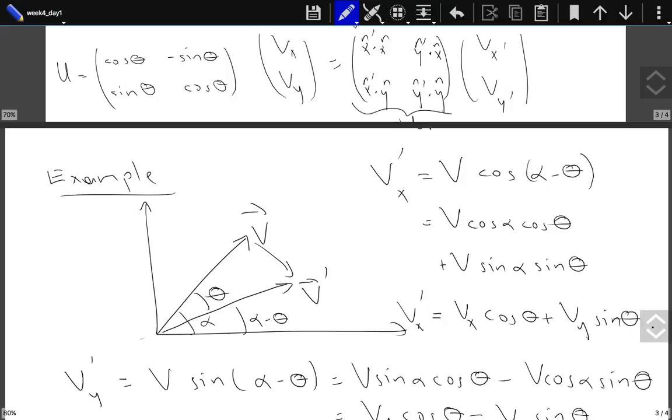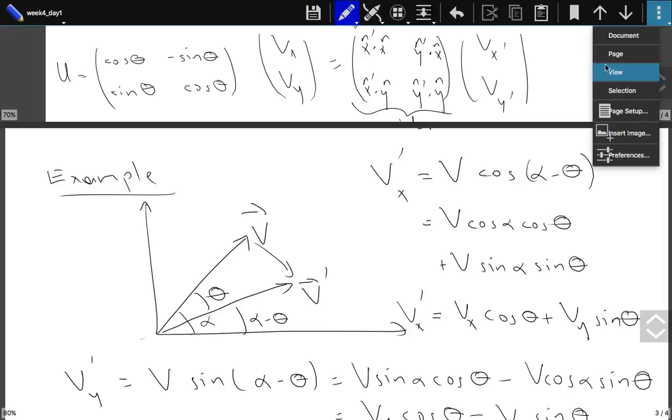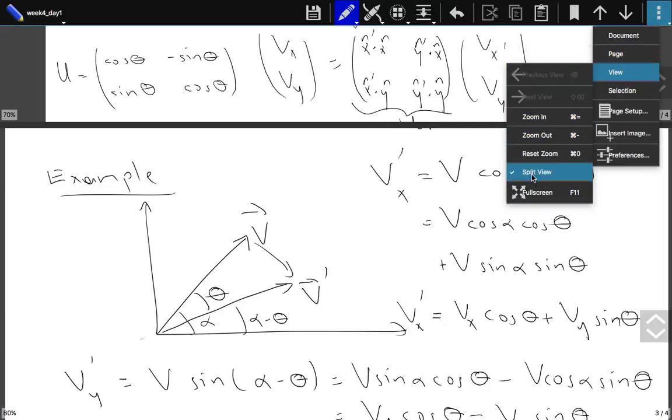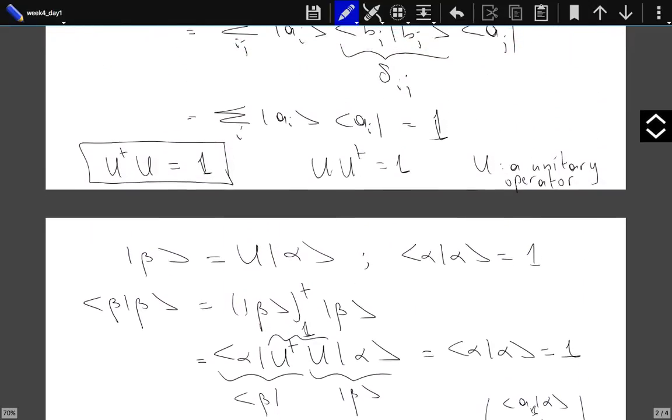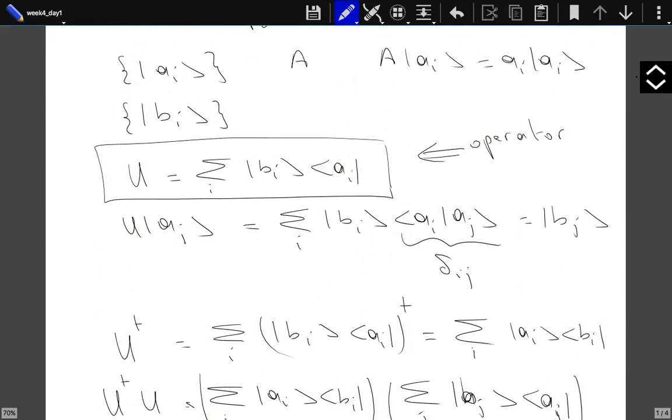So you can treat this unitary transformation, this unitary operator U, as an operator that changes your ket. That is what we will do most of the time, changing our ket.